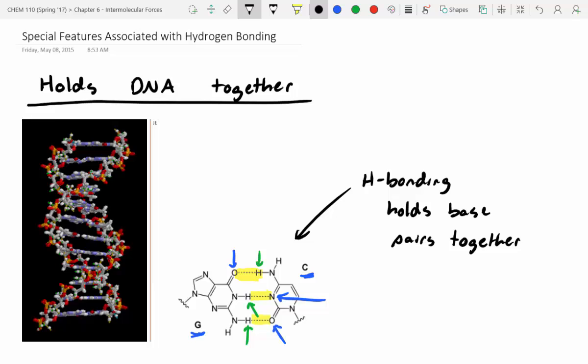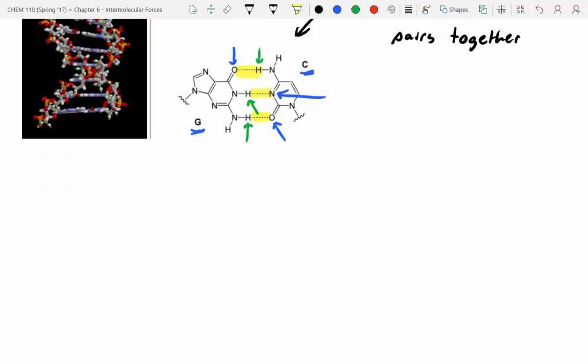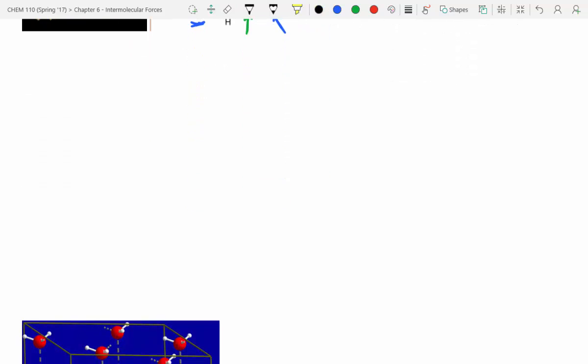Proteins, right? I heard somebody say it. So proteins are also super important. And hydrogen bonds are important for holding proteins together. Specifically, they hold them in special shapes.